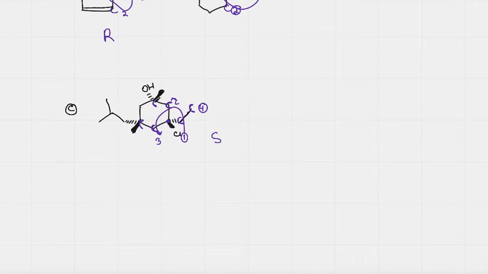And between these two carbons, the top one was connected to an oxygen, and this one was connected to carbons only. So this one had a higher priority and got number 2 and 3. Because my lowest group was on a dash, I just could connect my numbers, 1, 2, 3. So we went counterclockwise and we got an S configuration.